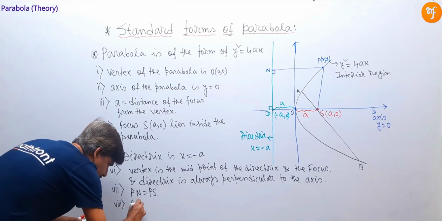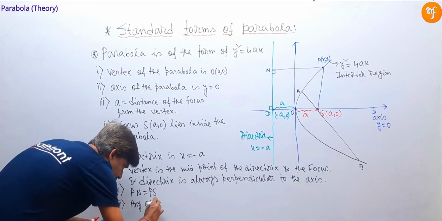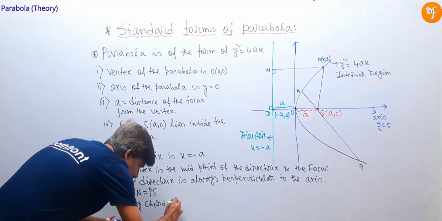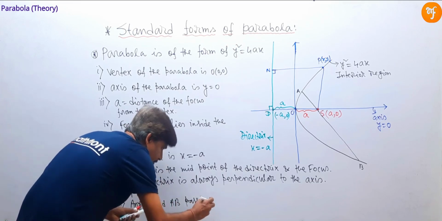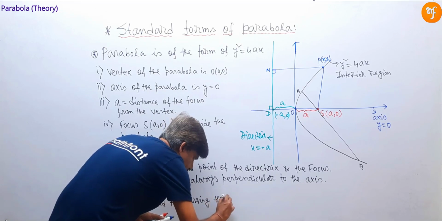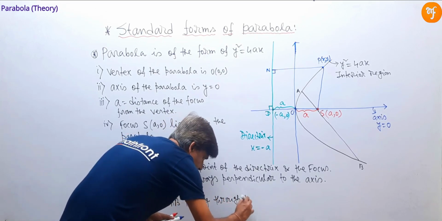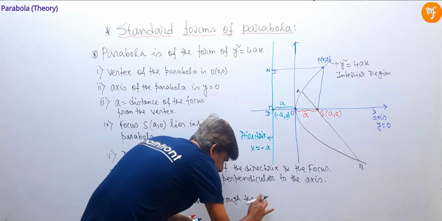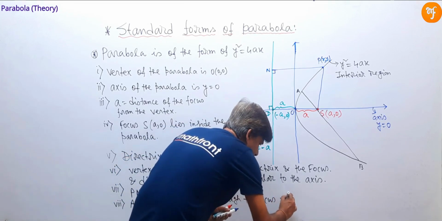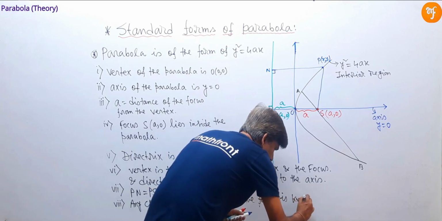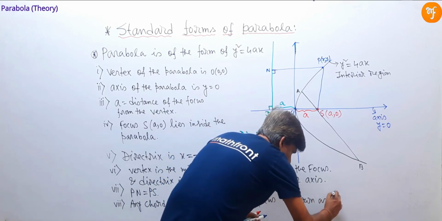Any chord AB passing through the focus is known as a focal chord. Okay.